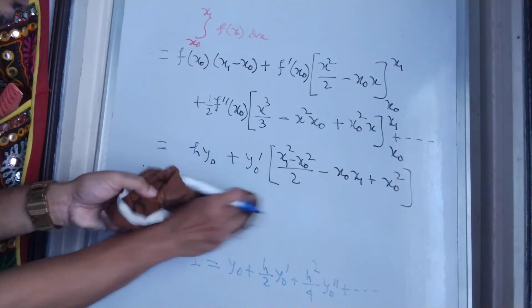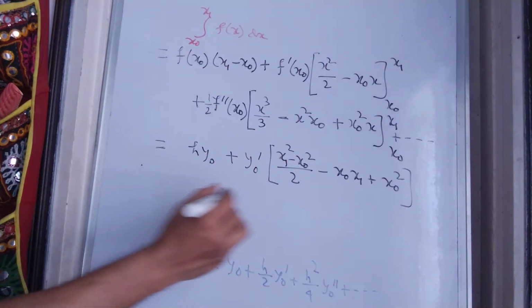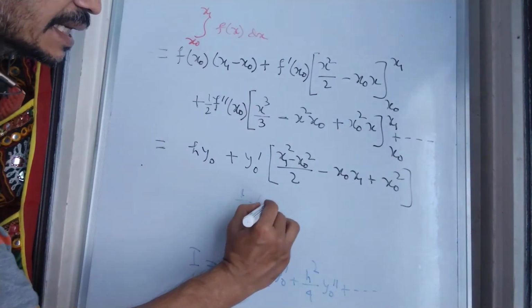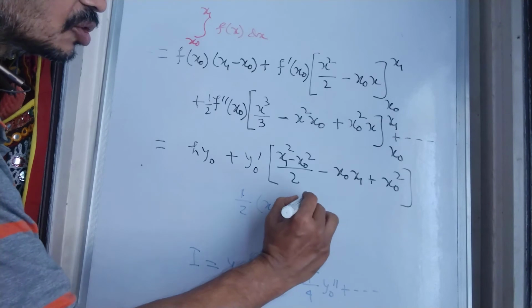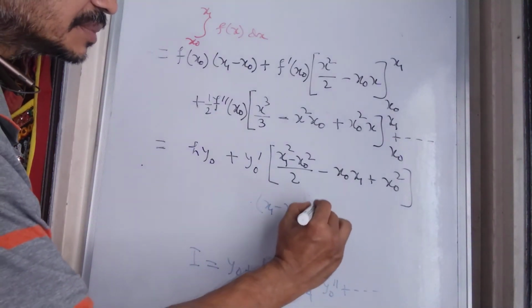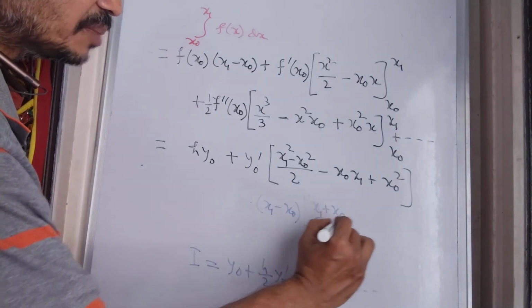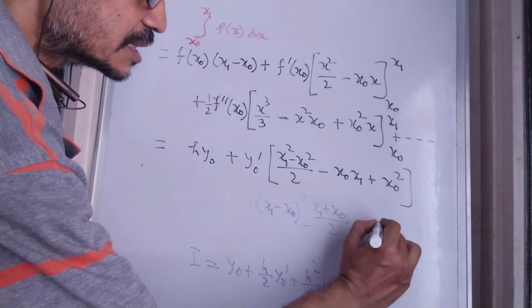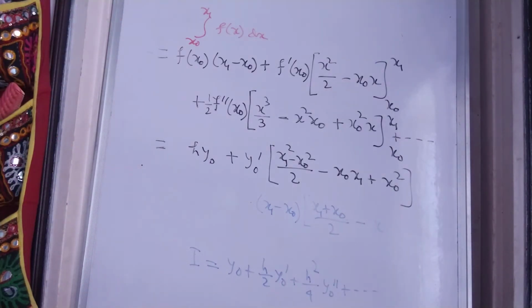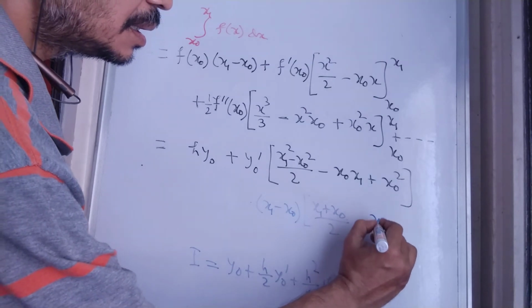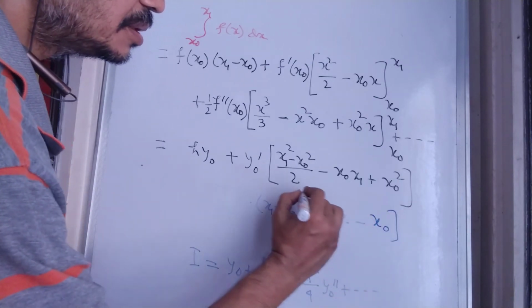It is clear that if we take (x1 minus x0) common, then it becomes (x1 plus x0) by 2 minus x0. Isn't it so?